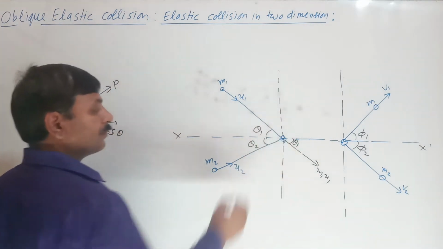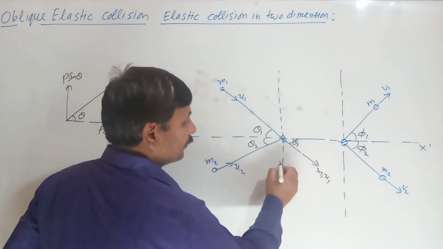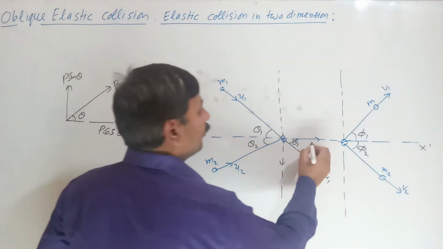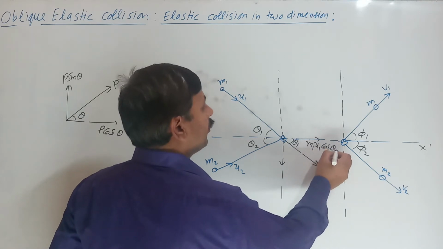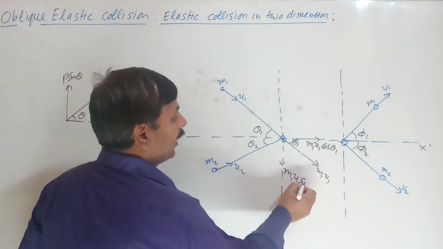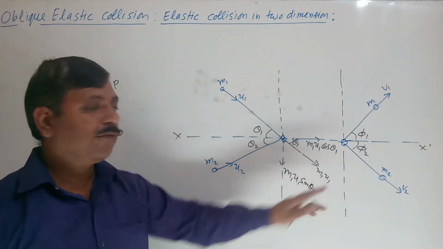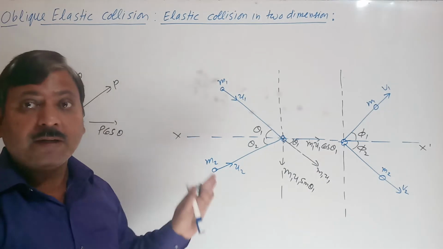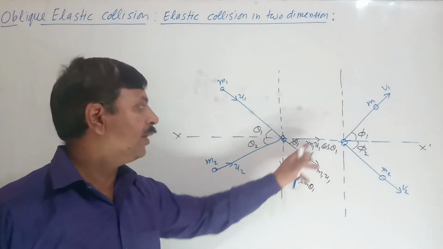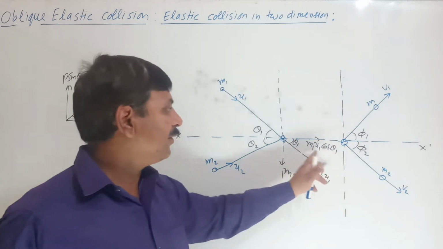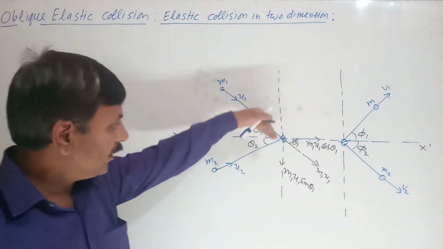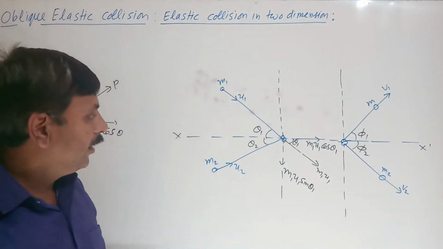What are the two components of this momentum? Along the x-axis, its component is m1 u1 cos theta 1, and the perpendicular component is m1 u1 sin theta 1. This is the component of initial momentum, before collision, of mass m1. Along the positive x-axis it is m1 u1 cos theta 1, and perpendicular, in the negative y direction, m1 u1 sin theta 1.